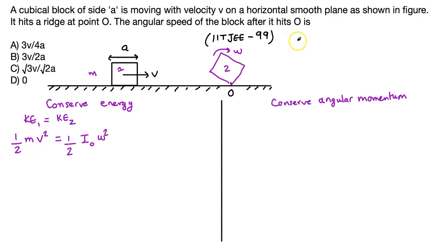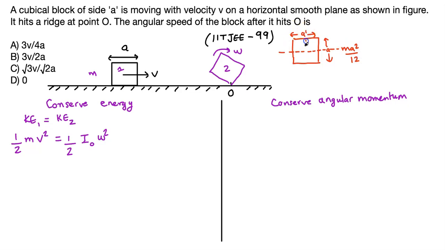So let's consider, if this side is A, it's cubical, so this face is a square, so we know the moment of inertia about this axis is going to be m a squared by 12.